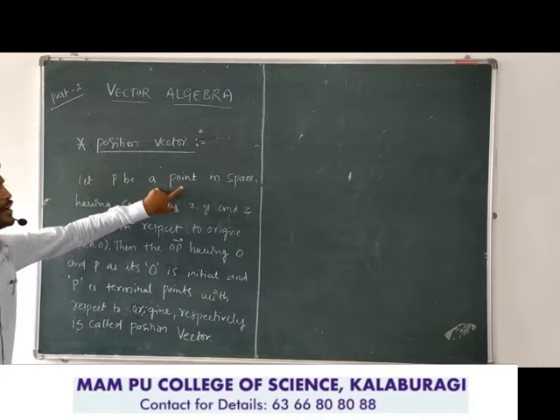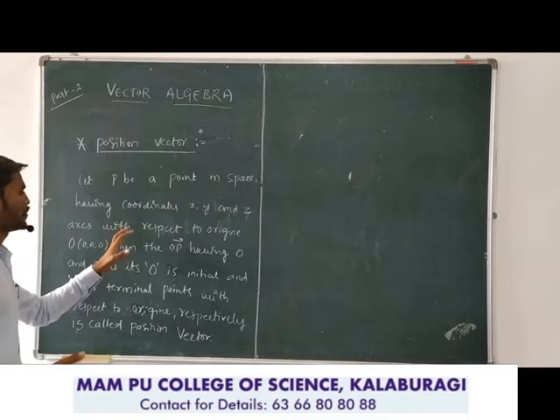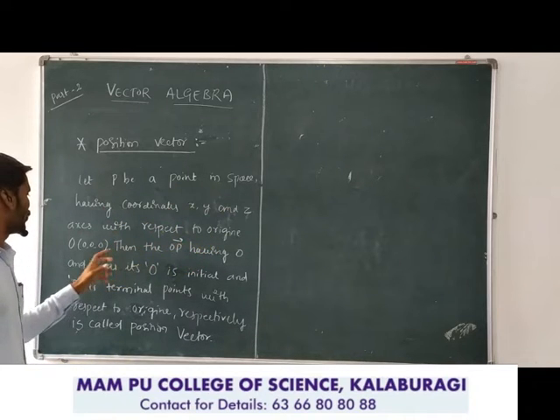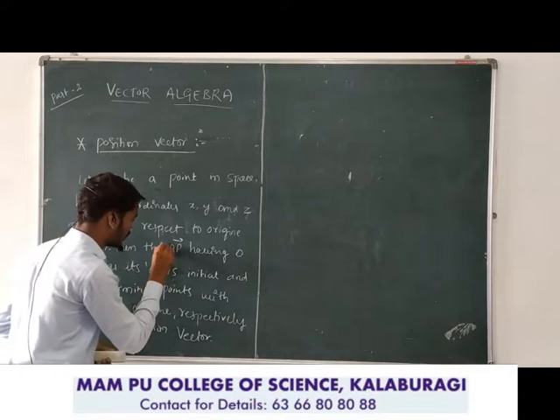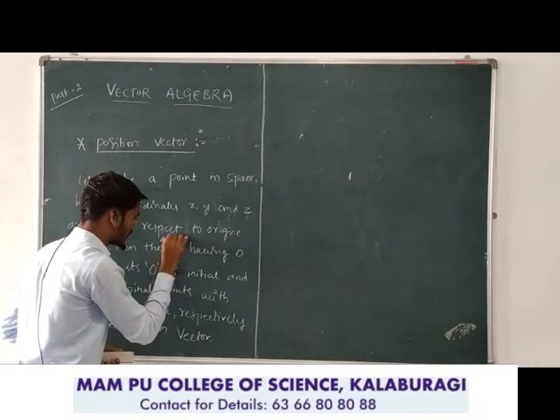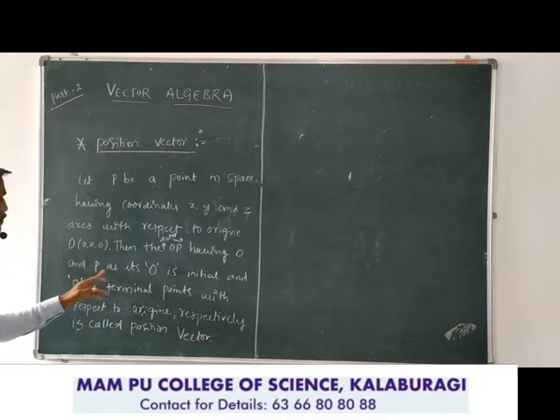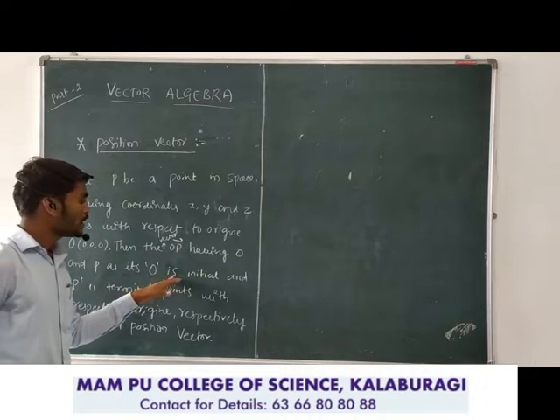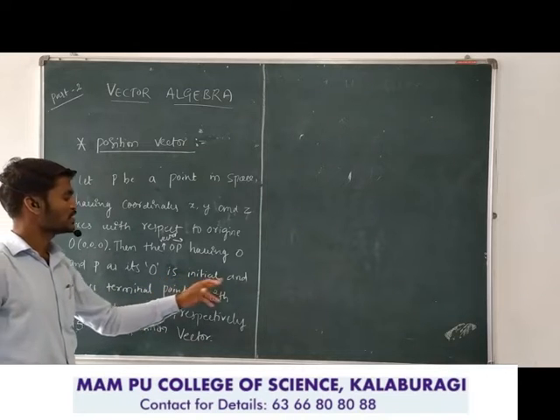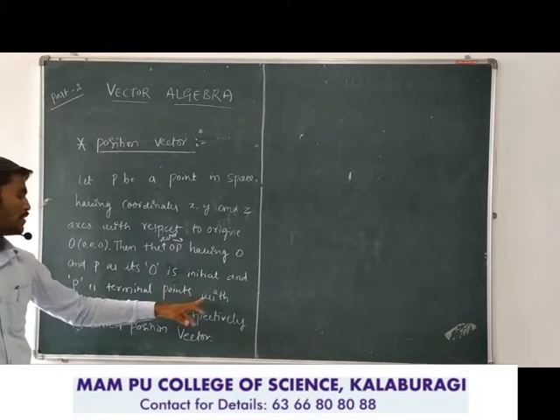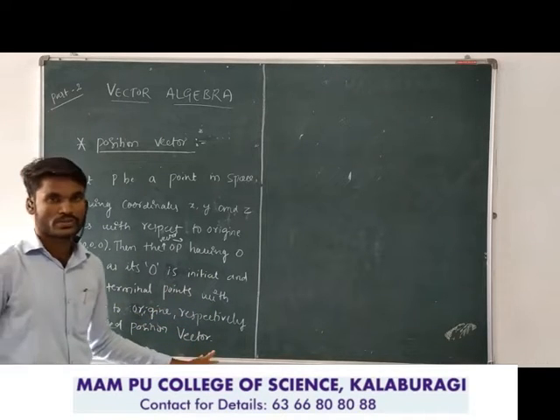Let P be a point in space having coordinates x, y, z axis with respect to origin O. Then the vector OP, having O as initial point and P as terminal point with respect to origin respectively, is called position vector.